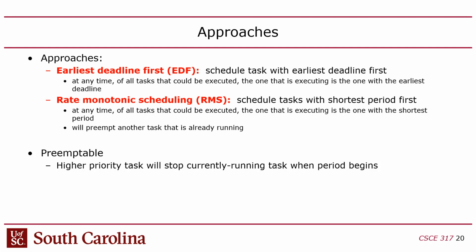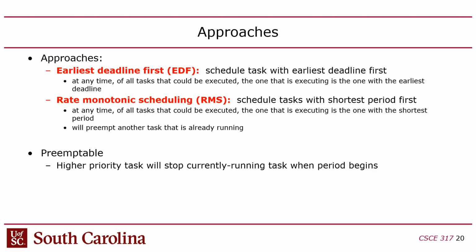So this is a dynamic scheduling algorithm, meaning that we have to constantly reevaluate where we are and who has the earliest deadline at every moment in time, because tasks only have a deadline when they're ready or executing, but when they're asleep, they don't have a deadline, right? So that's the problem.